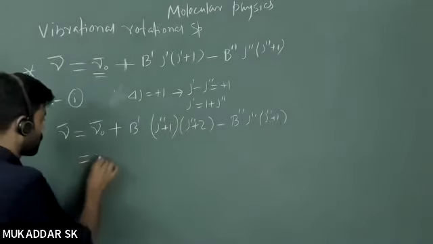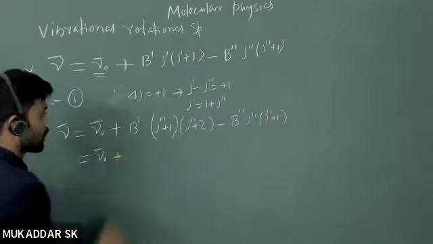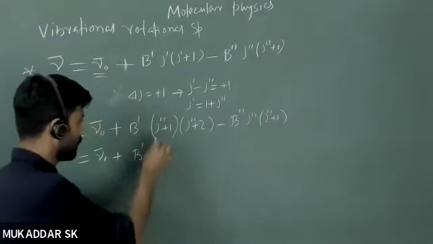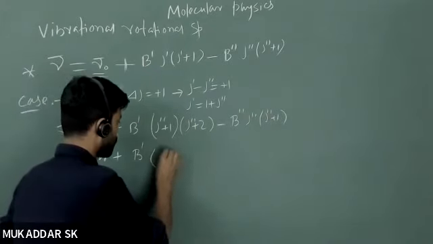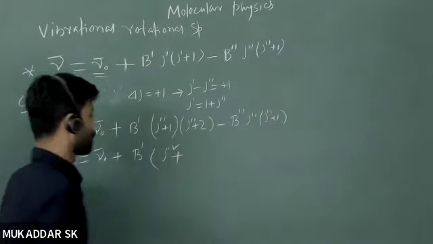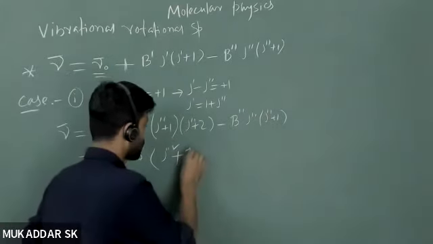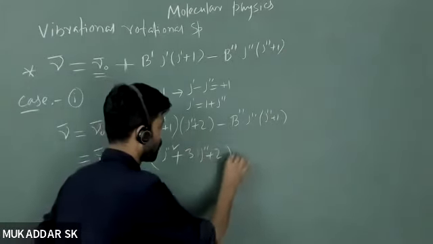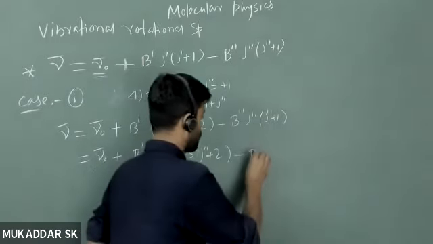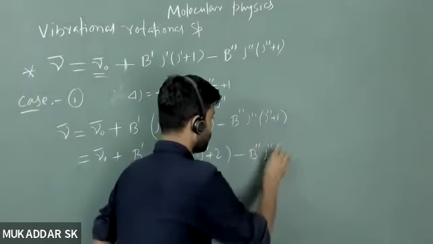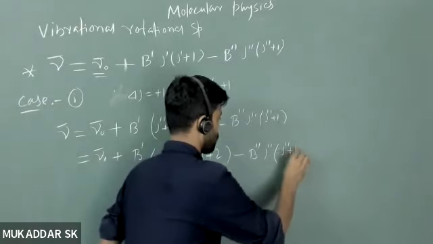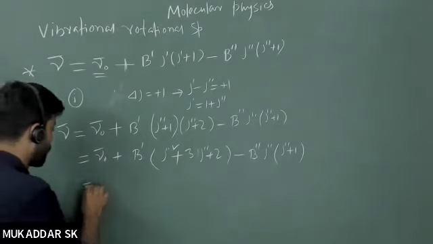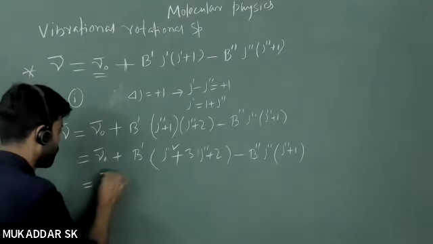Okay. So if you solve it, you'll get, let me solve. So B dash, if you break these things, J double dash square plus 3 J double dash plus 2, minus B double dash J double dash into J double dash plus 1. So now we'll arrange these terms.